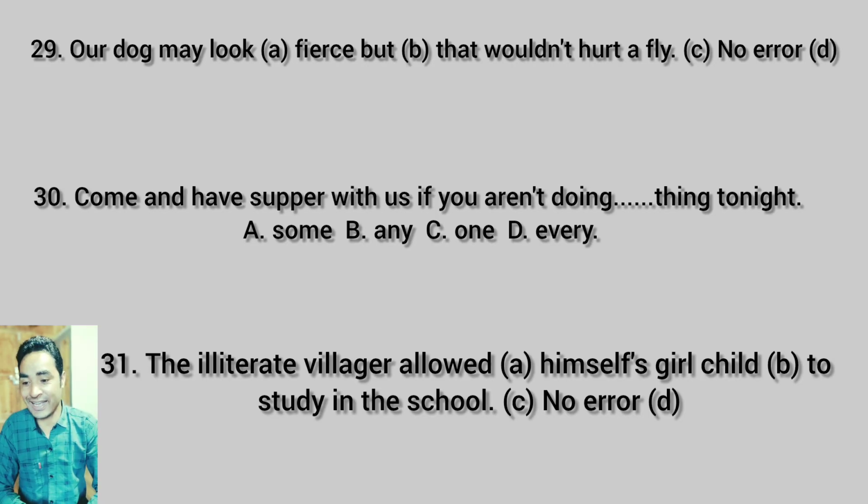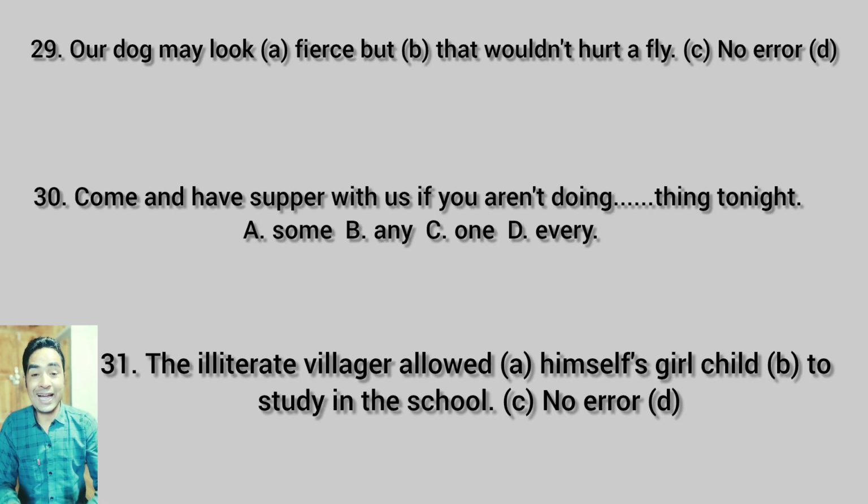Here in this sentence, before that a conjunction, but, has been given, and after that a verb, wouldn't hurt, has been given. So here, our dog may look fierce, but that wouldn't hurt a fly. A pair of verbs has been given.